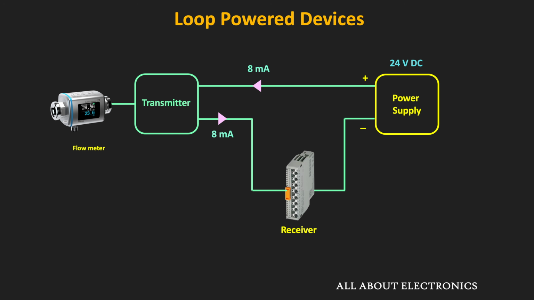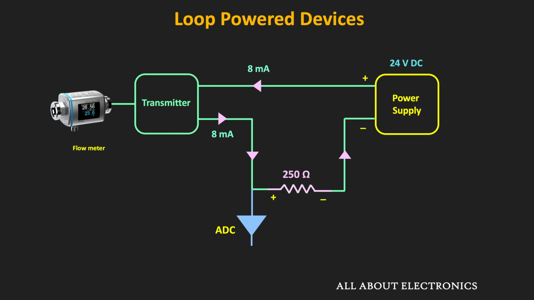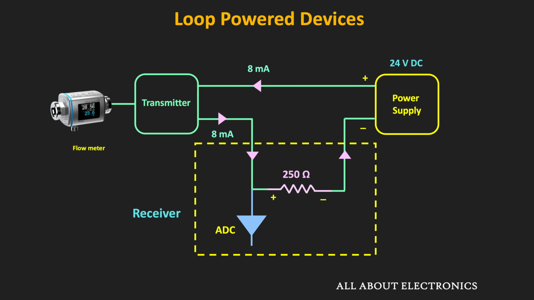So now the receiver senses that current and converts that current into the voltage. So as I said, inside the receiver, we have the 250 ohm resistor and the ADC. Or equivalently, this is how it can be represented. So when the current passes through this 250 ohm resistor, then there will be a drop across it, and this ADC reads that voltage drop. So as you can see, the readout mechanism in this 4 to 20 milliampere loop is also very simple.